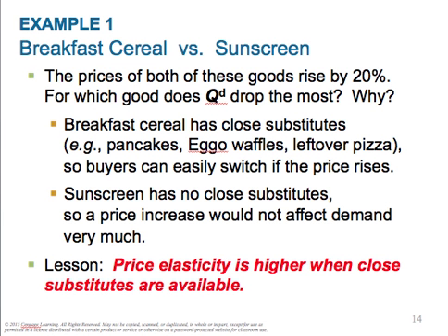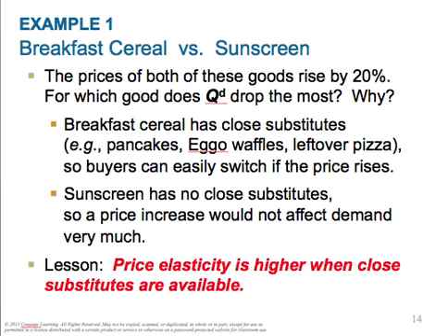And why? Breakfast cereal has close substitutes. For example, pancakes, Eggo waffles, leftover pizza. So buyers can easily switch if the price rises. Sunscreen, on the other hand, has no close substitutes. So a price increase will not necessarily affect the demand as much, or at least not very much.